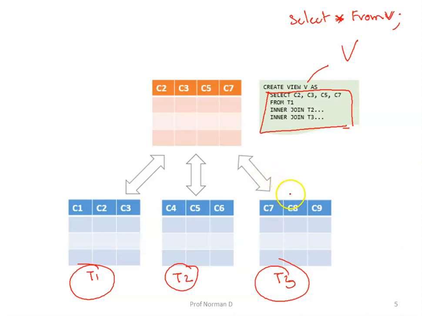The advantage of writing a view is that whenever any updation is done to either T1 or T2 or T3 or all 3 tables, those updations will always be reflected in your view.